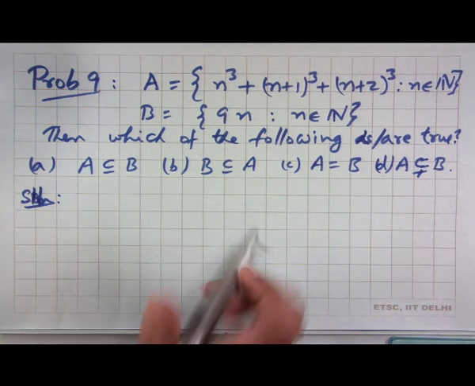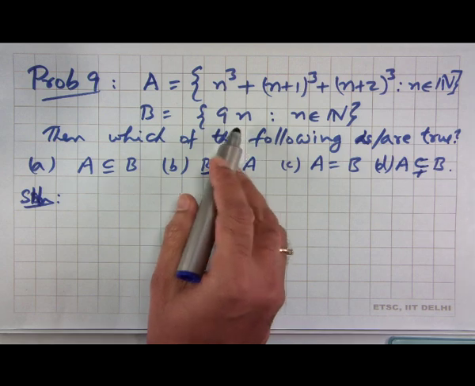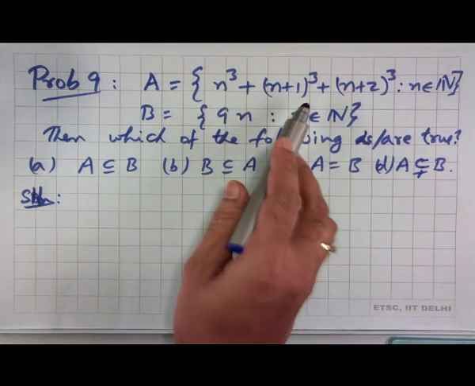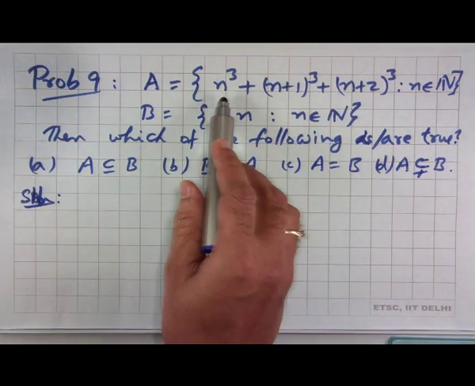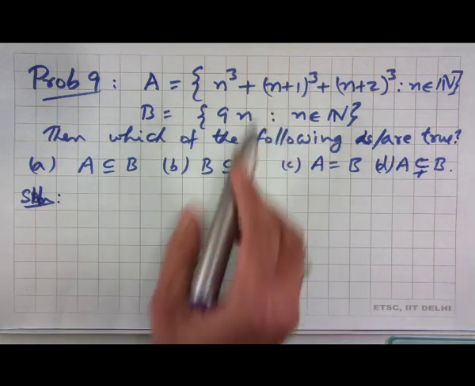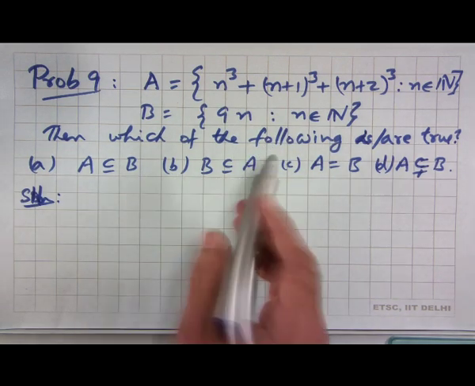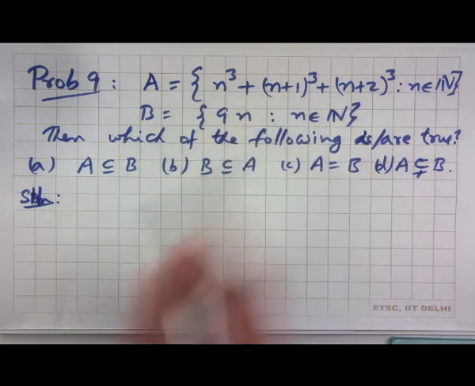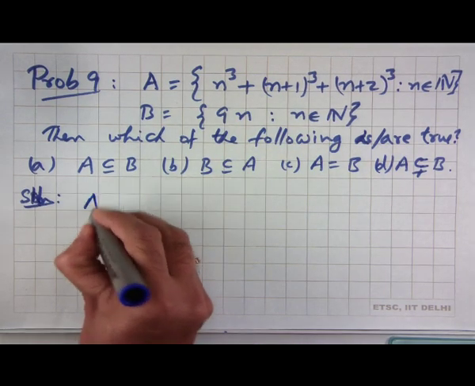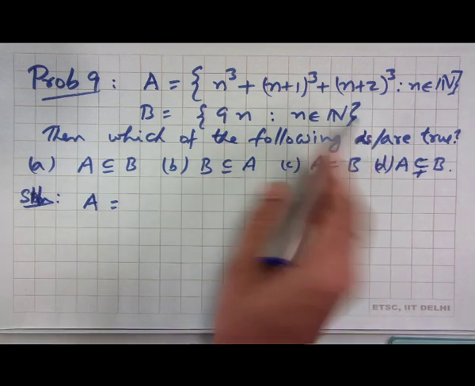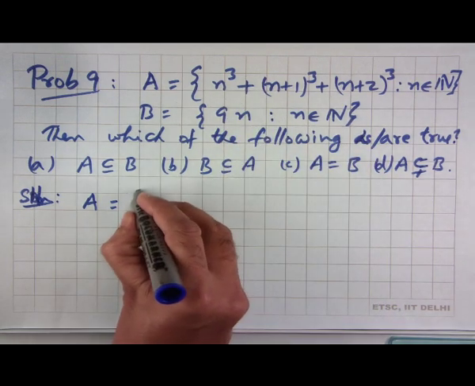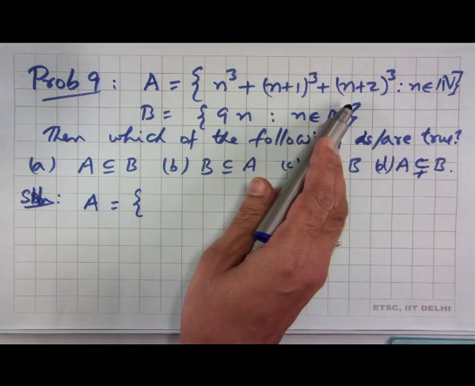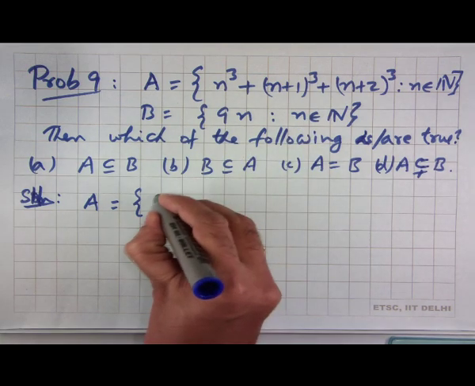So, B consists of all the positive multiples of 9, and A consists of the sum of cubes of 3 successive natural numbers. If you see A, if I put n equal to 1, then I have 1 plus 2 cube plus 3 cube, so that is equal to 36.